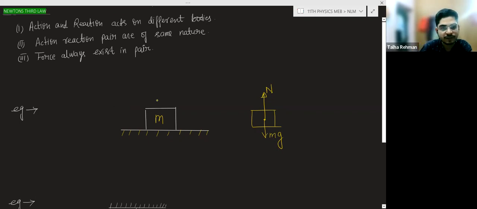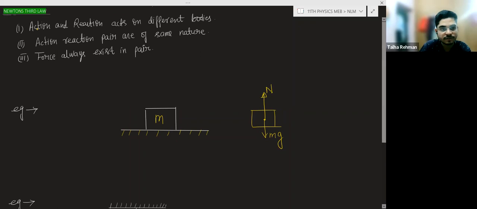Basically, when we read the whole statement, according to Newton's third law, action and reaction act on different bodies. So N and mg are acting on the same body, so N and mg cannot be action and reaction. Second statement: action and reaction pair are of same nature. I will explain that later. Force always exists in pair.